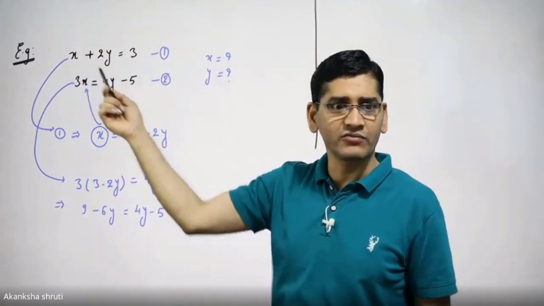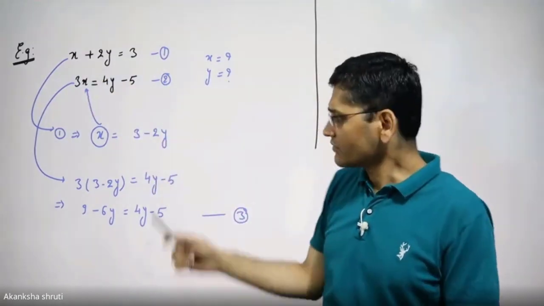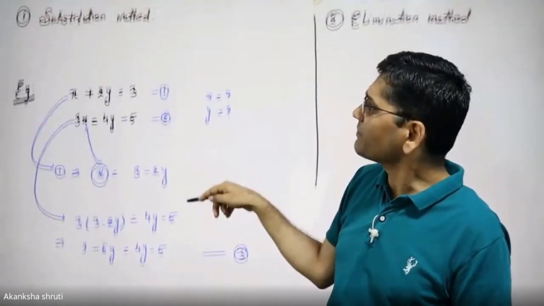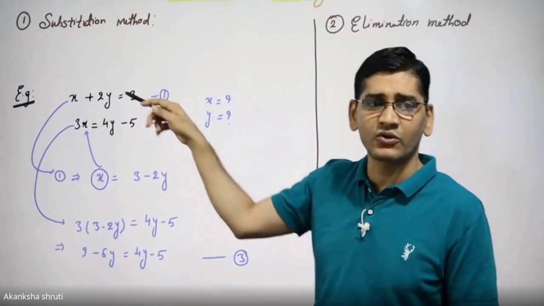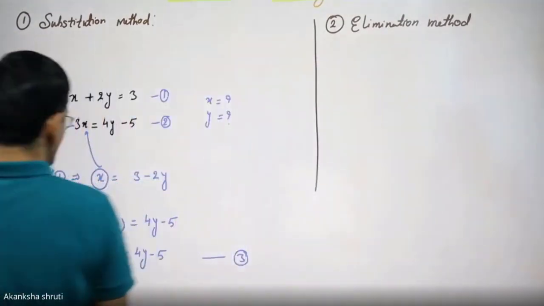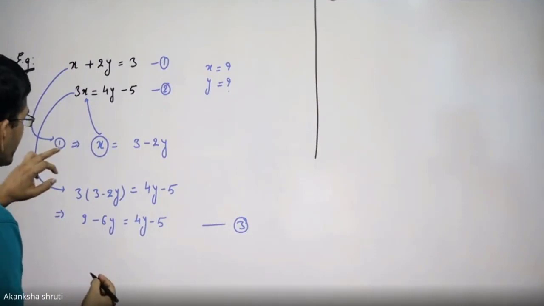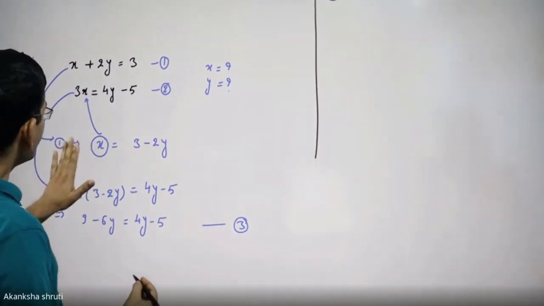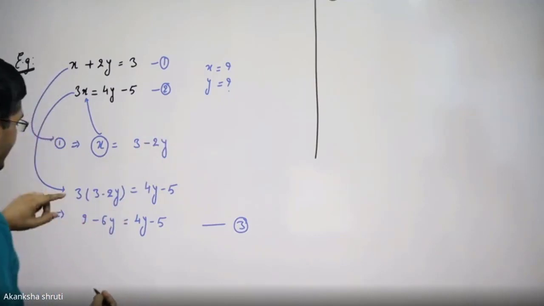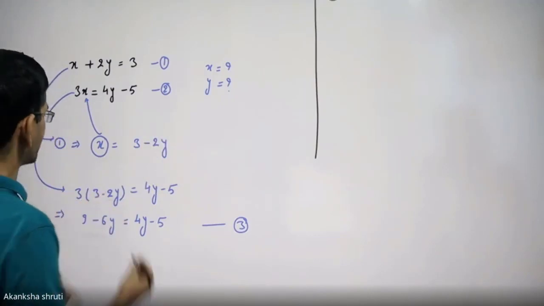That much simple. That's why this method is called substitution. Substitution का meaning ही होता है कि एक में दूसरे को हम put कर रहे हैं और substitute कर रहे हैं. So where is the substitution? From equation 1, we have calculated the variable in terms of the other variable, and in equation 2 we have substituted it.